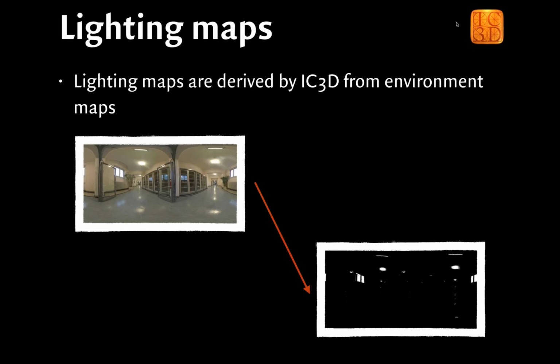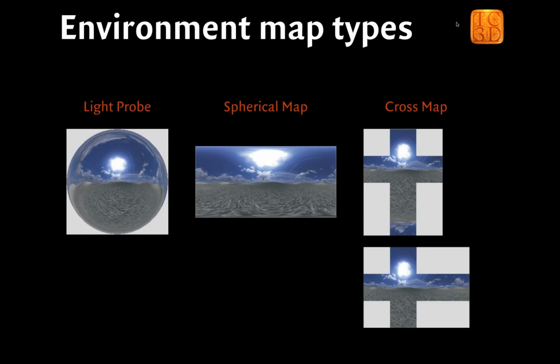The way to capture or create images like that, you actually have different formats. You have something called light probe, where a very reflective sphere is used and is actually photographed. So you have an actual physical sphere in a room somewhere, and that reflects the surroundings of that sphere, and you take photographs of that and then stitch that together.